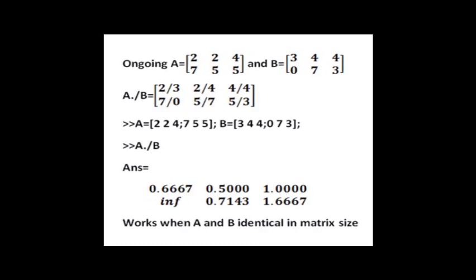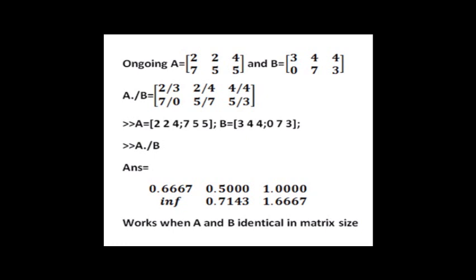With the ongoing A and B, now we are going to show the A dot forward slash B operation. Here, it is positional element division, for instance 2 by 3, 2 by 4, 4 by 4, and so on.